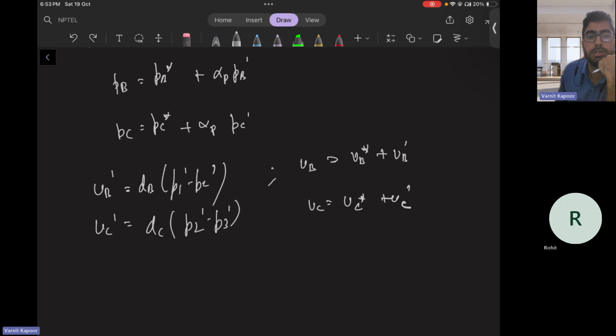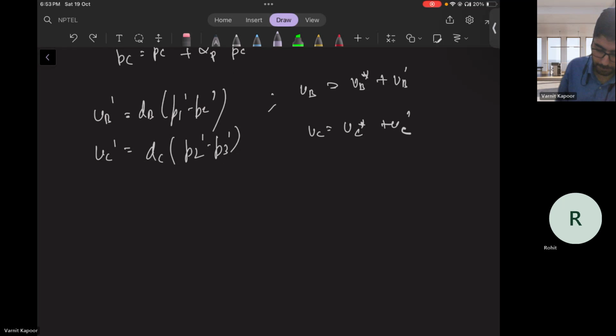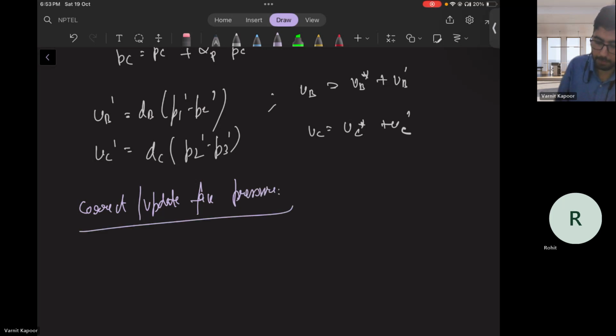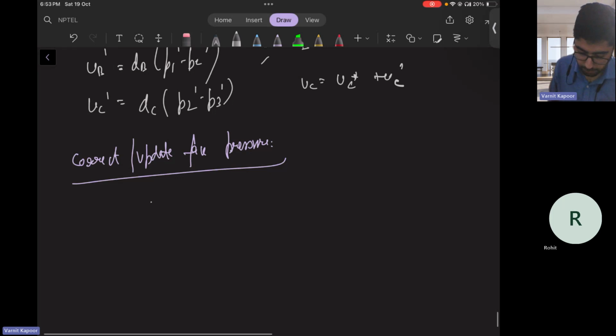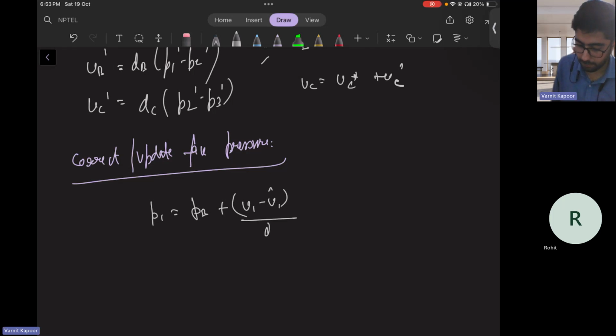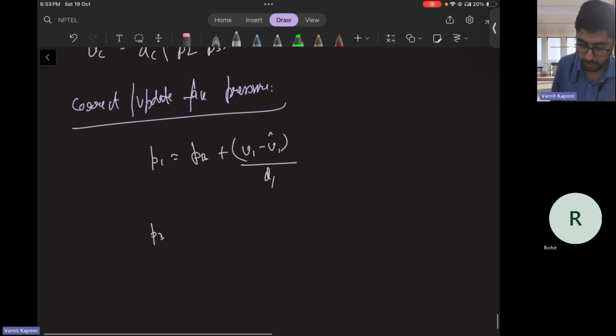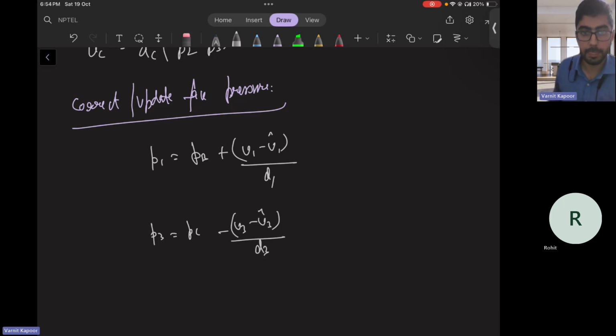So let me write the corrected or updated phase pressures. Your P1 is equal to PB plus U1 minus U1 hat by D1, and P3 is equal to PC minus Q3 minus Q3 hat by D3.